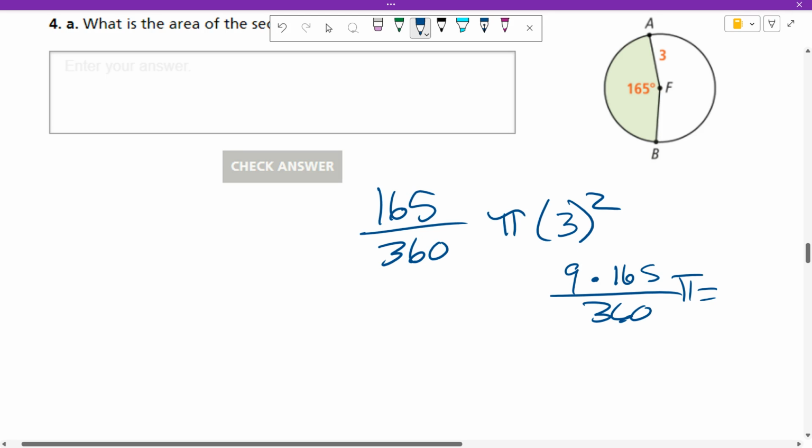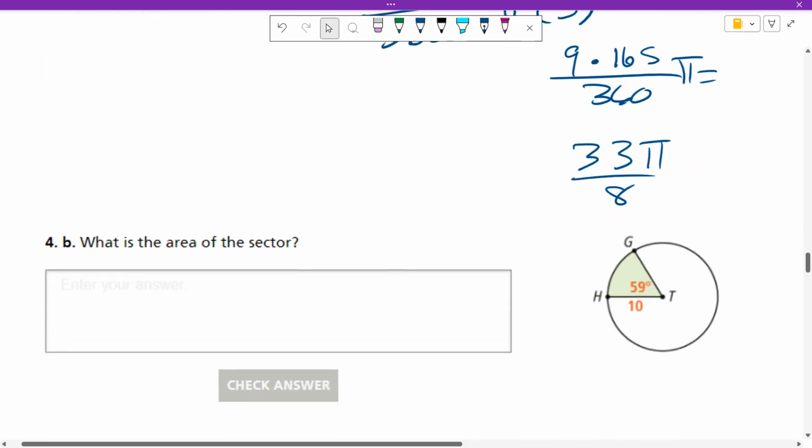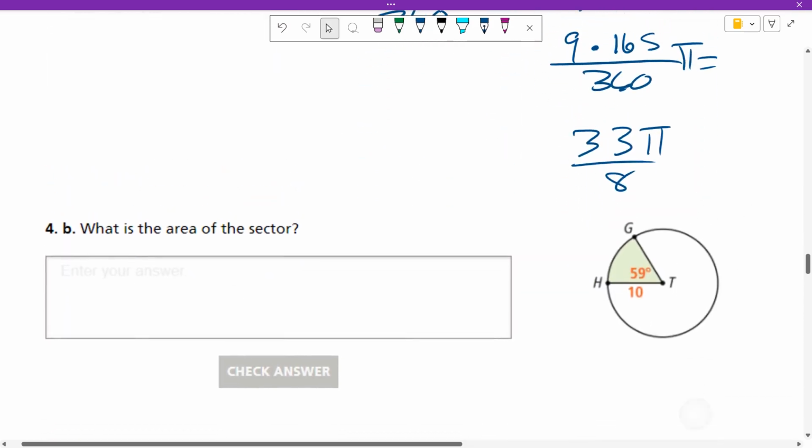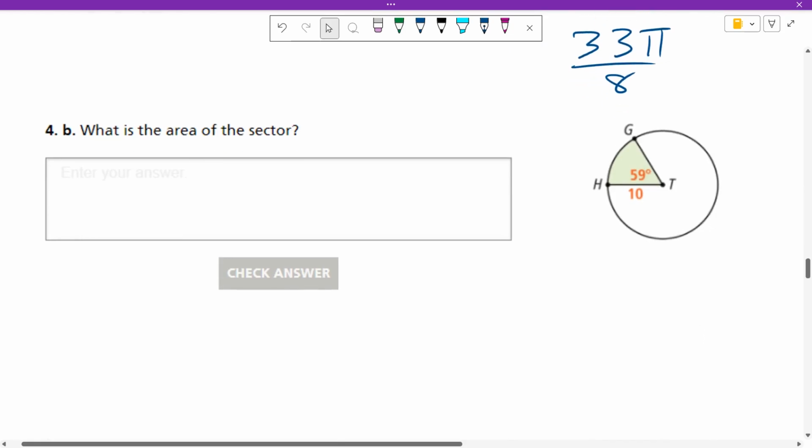So 9 times 165, whatever that big number is, put it A B over C over 360, let the calculator reduce the fraction, and then change it to an improper fraction. And what do we get? 33 over 8 with a pi on it. 33 pi over 8.